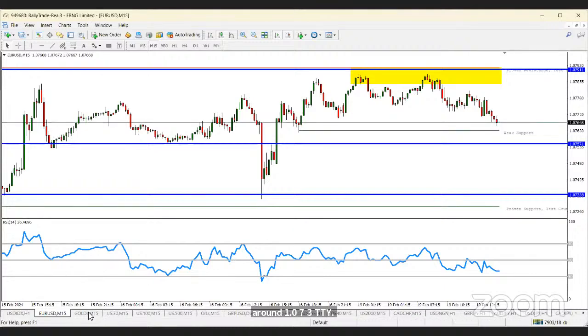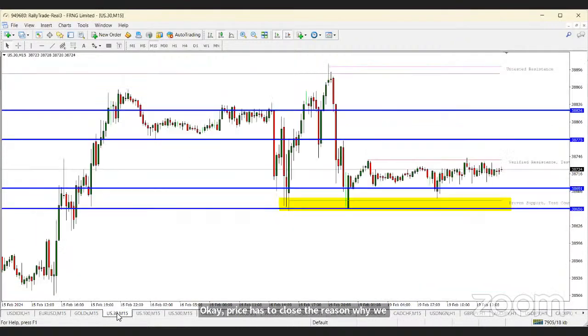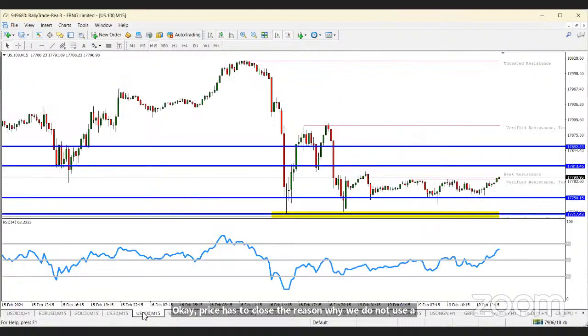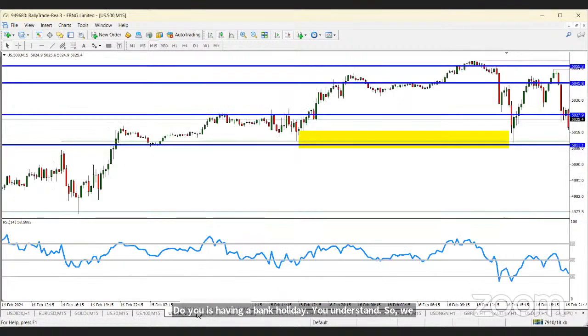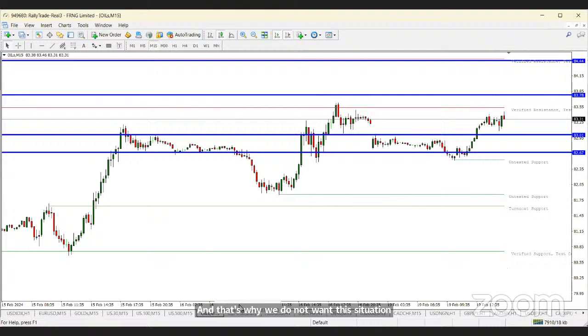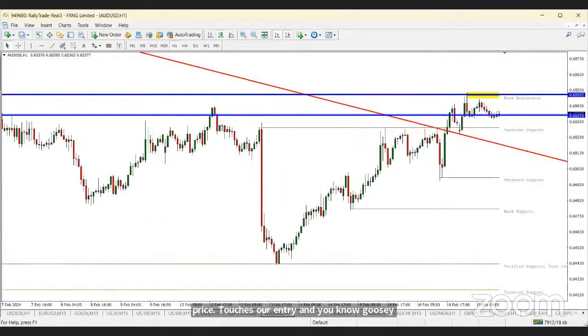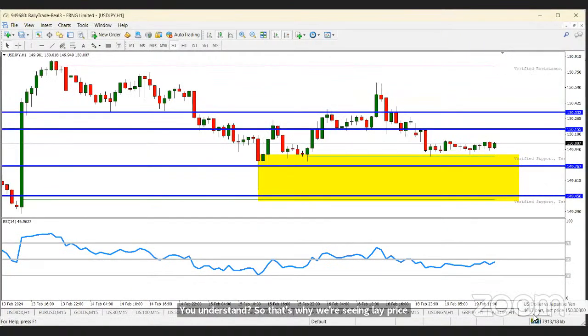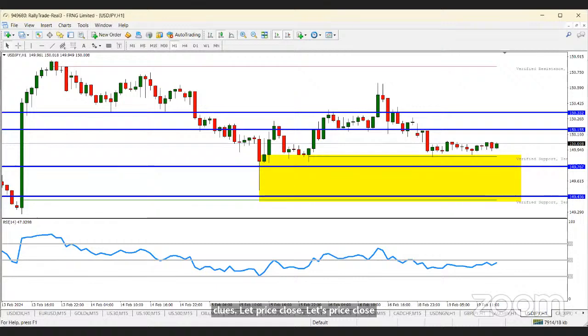The reason why we barely use pending orders today is that the US is having their bank holiday, so we may not see as much volatility. We do not want a situation whereby price touches our entry and goes away, so we're saying let price close.